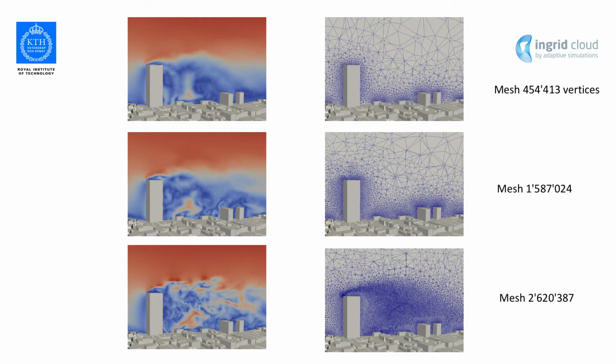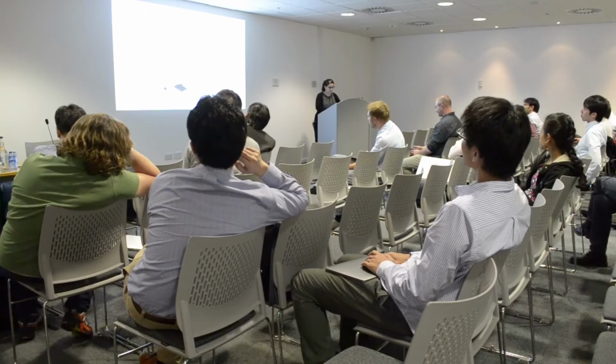The second level, I think, I achieved with 8 iterations, and the last one after 10 to 12 iterations. You can see how the mesh is refined in the area where interesting dynamics are happening. So this is the wake, and for example here, where the flow separates by hitting the edge of the building.